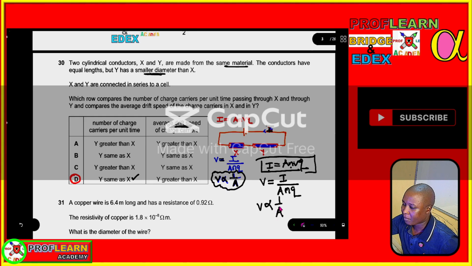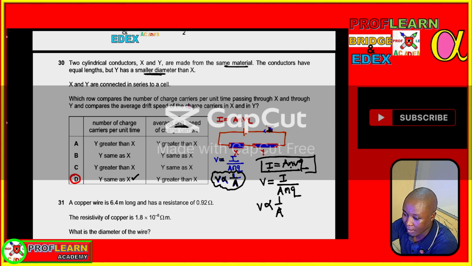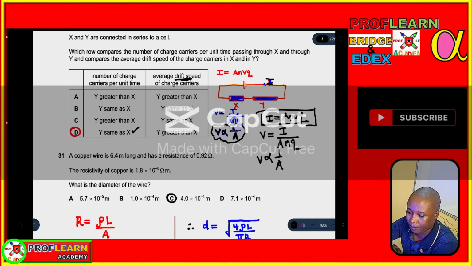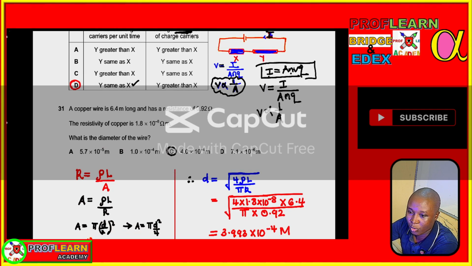If the area is large, the drift velocity is going to be small. If the area is small, the drift velocity is going to be larger. So the average drift velocity in Y is going to be greater than X because X has a larger diameter, and a larger diameter means a larger cross-section area. So our correct answer in that case is going to be D.